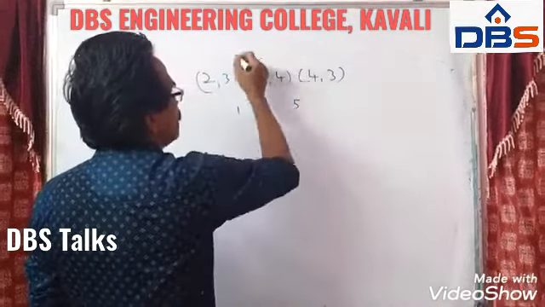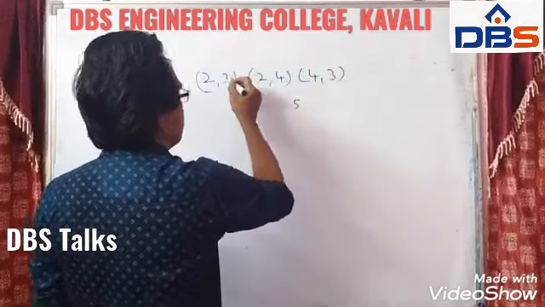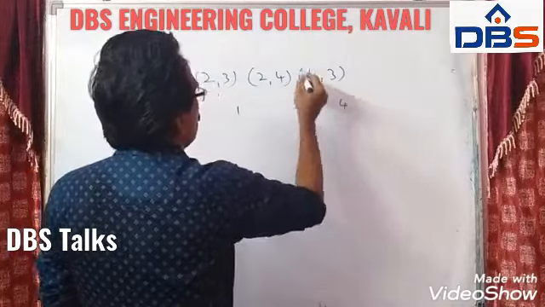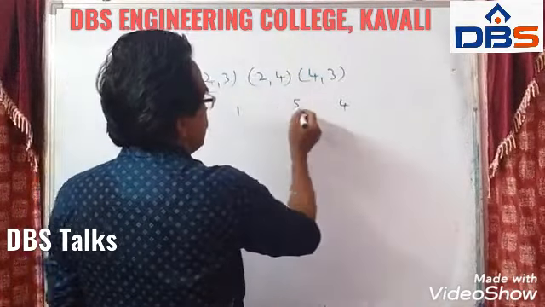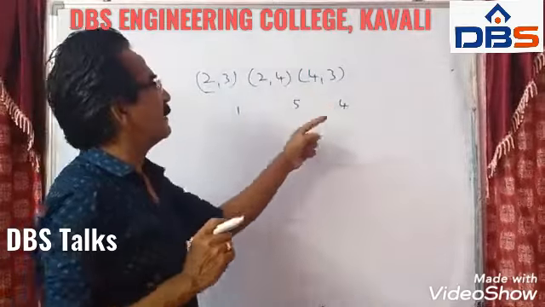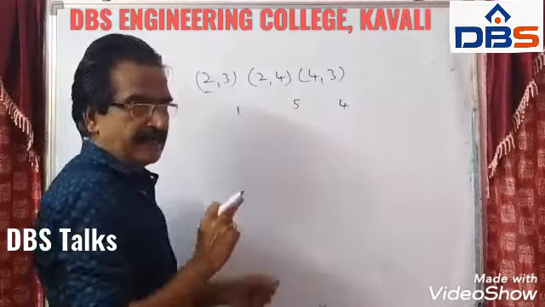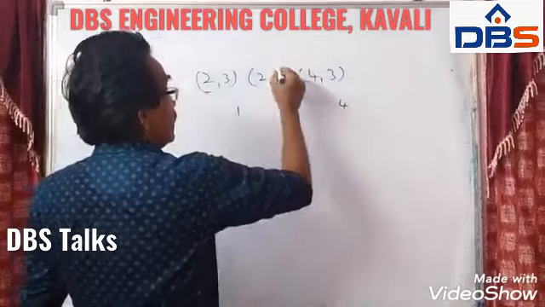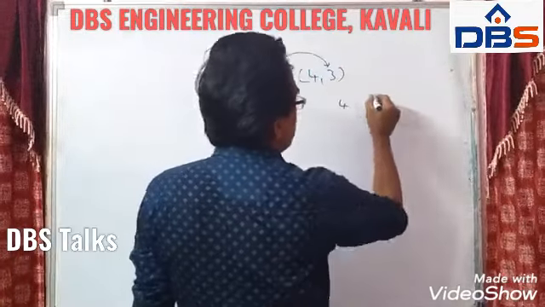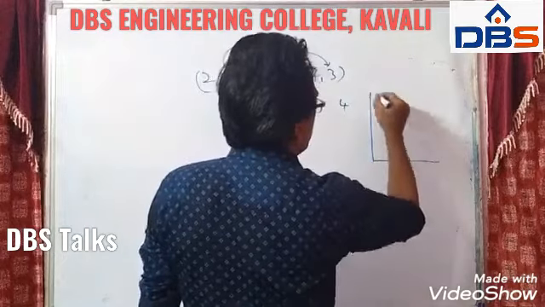And the distance between these 2 points: 3 minus 3, 0, 4 minus 2 whole square, 4. So 1 plus 4 is equal to 5. This is AC square equal to AB square plus BC square. These are the extremities of the hypotenuse.